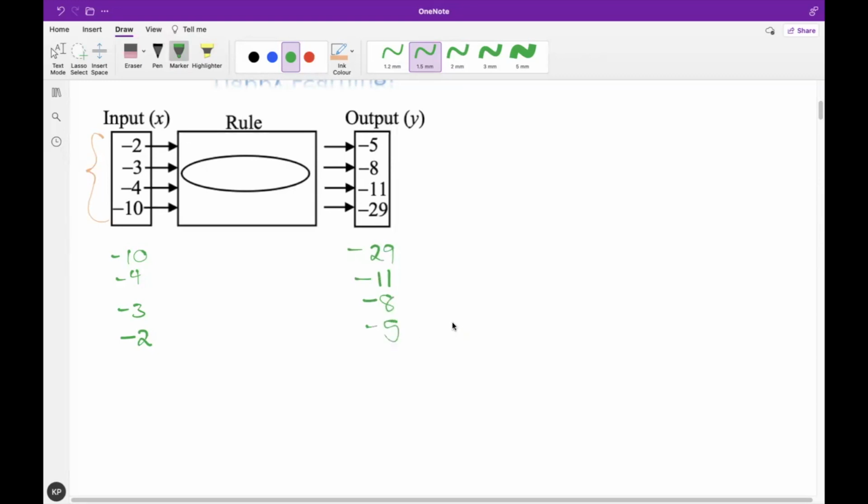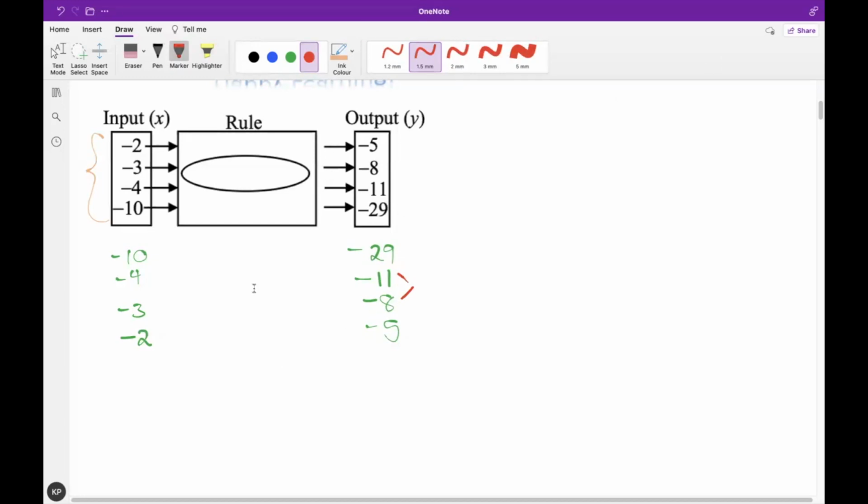Now, if you look at the outputs, okay, how do we go from -11 to -8? How do you go from -11 to -8? Remember before we said we were subtracting 3, but that's not what we're doing.